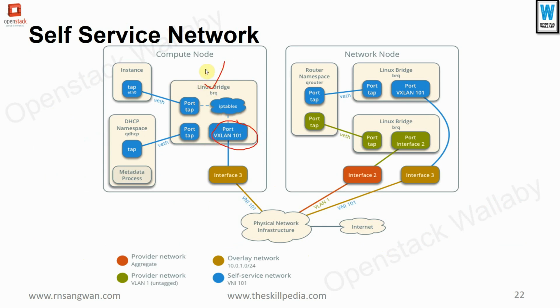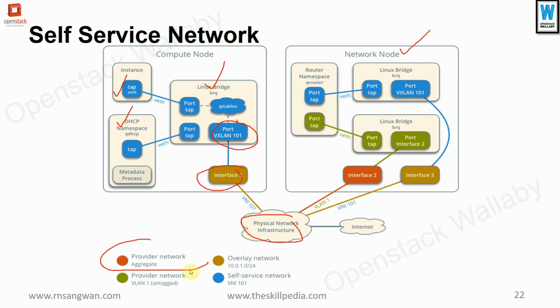So this is Linux bridge. So it has option to physically connect also, virtual Ethernet card. And this is DHCP namespace to provide the IP address to the virtual machines, and interface 3. And this is physical network infrastructure. This is network node, which in our case is going to be the compute node.